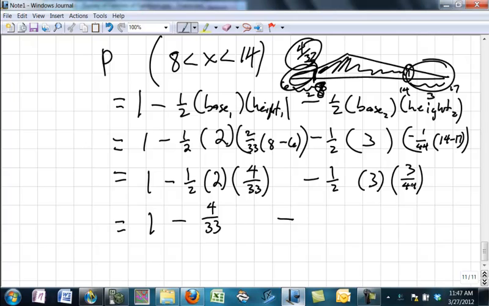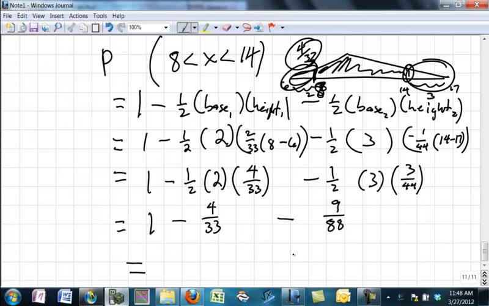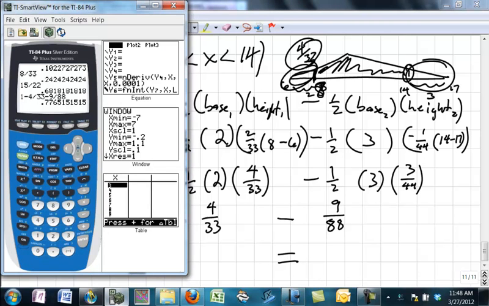And I can get a common denominator here. I'm going to get lazy and just use a calculator. So it's 1 minus 4 over 33 minus 9 over 88. Now here it is in decimal form: 0.7765151, and the 5 and the 1 keep repeating.